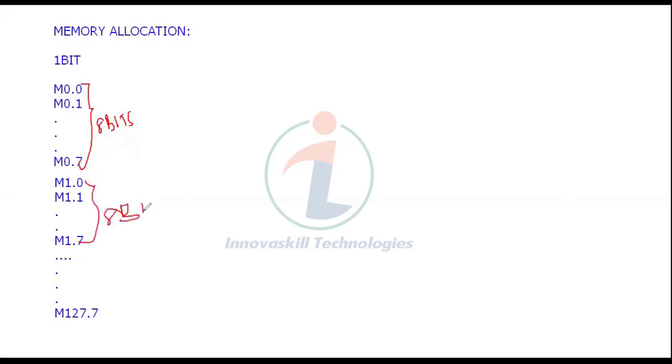Now, if you go for analog, we need two different things. One should be 16-bit and the other should be 32-bit. So what do 16-bit and 32-bit mean?